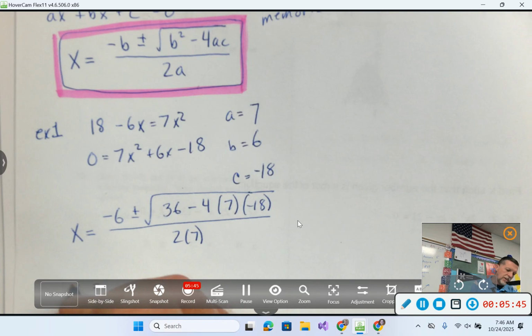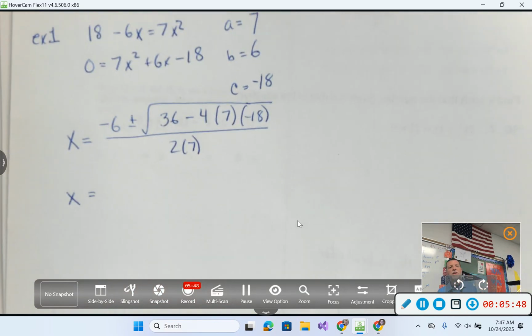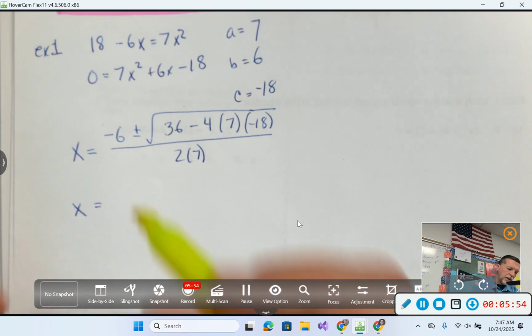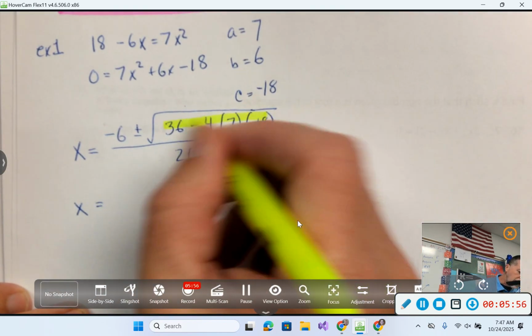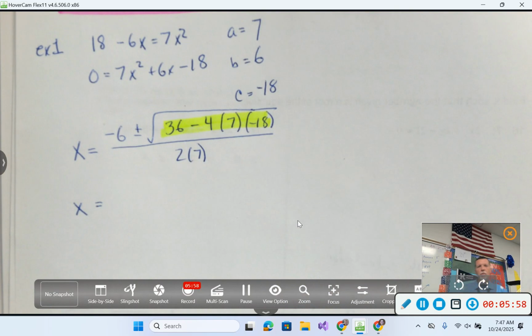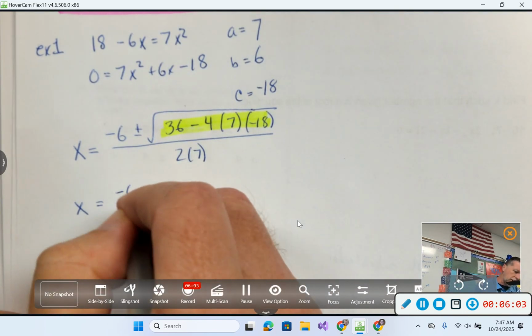Yep, I heard the calculator lid come off. I could do 4 times 7 times negative 18, but probably what I want to put in the calculator is not the whole thing, because then I'd get some weird decimal. I don't want that. But I could put that part in the calculator.